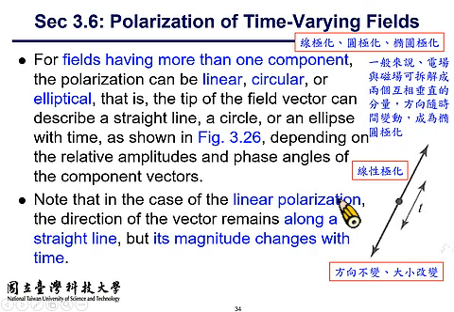If you have a receiving antenna that is horizontally polarized, then because the polarization does not match, you won't be able to receive the incoming electrical field.